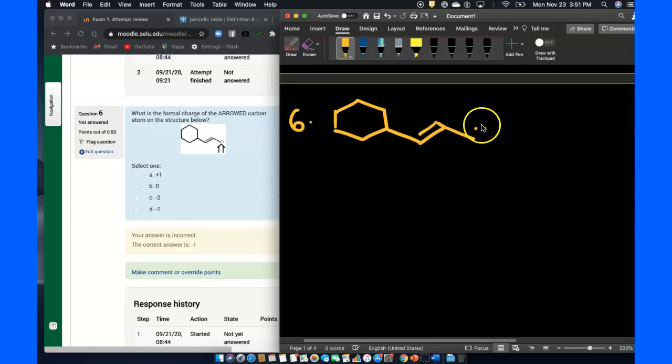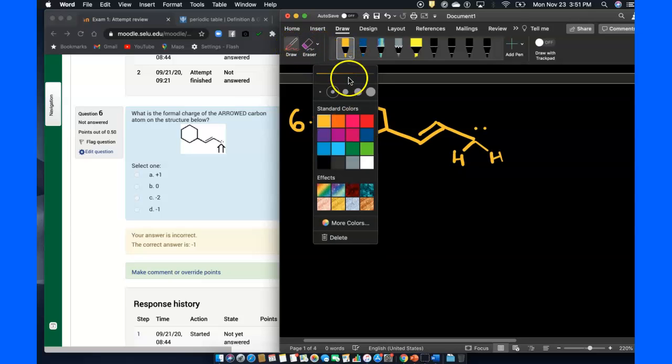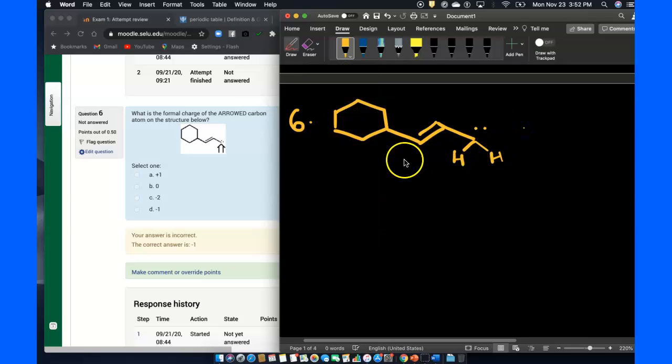The lone pair means that a bond is missing, so I should be having two hydrogens, because carbon must have 4 bonds on it. If we have a negative or positive charge, you're missing one bond. That's quick to tell.